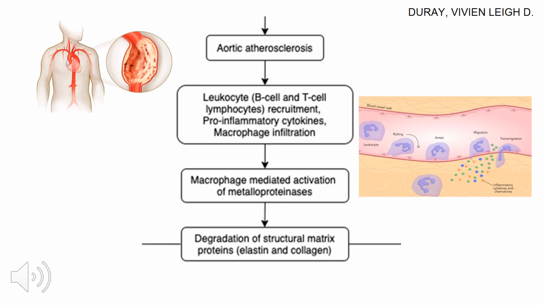This would then lead to the macrophage-mediated activation of metalloproteinases. These metalloproteinases play a key role in the remodeling of the extracellular matrix. This would then lead to the degradation of the structural matrix proteins, namely elastin and collagen. Elastin and collagen, alongside the smooth muscle, are arranged in concentric layers in order to withstand arterial pressure in the aortic wall.